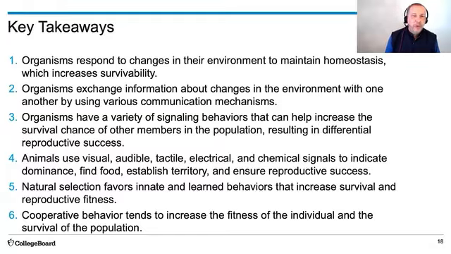Four, animals use visual, audible, tactile, electrical, and chemical signals to indicate dominance, find food, establish territory, and ensure reproductive success. Five, natural selection favors innate and learned behaviors that increase survival and reproductive fitness. And finally, cooperative behavior tends to increase the fitness of the individual and the survival of the population.